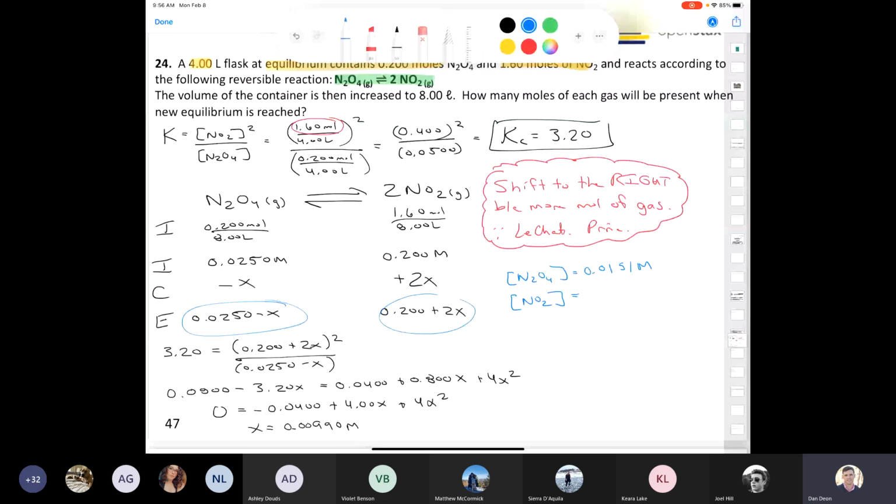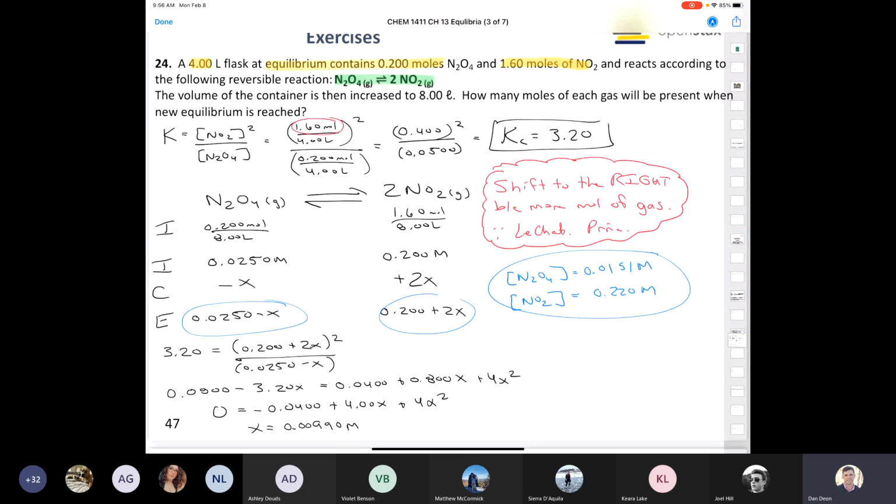If you're wondering where I'm getting that number, all I have to do is take 0.2 plus 2 times this number, and I end up with the concentration of NO2, which is 0.220 molar. And there you go. That's the answer. So you've got to be able to use the quadratic formula, but I know all of you have used the quadratic formula at some point in your life for sure. So there you go. A little bit of practice, solving quadratics, looking at Le Chatelier's principle.